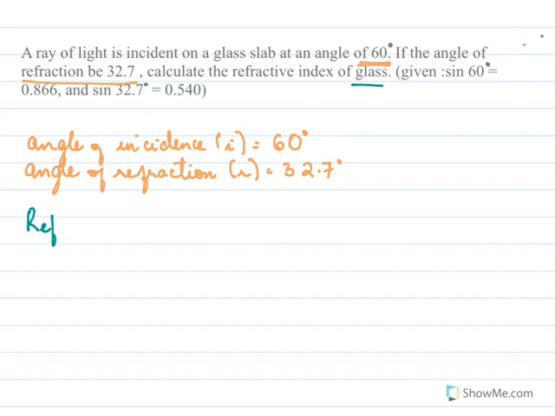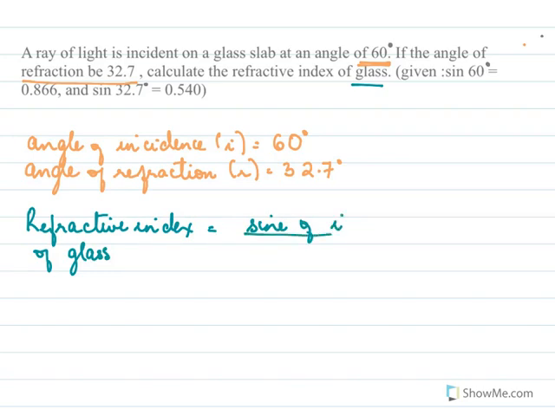So refractive index of glass will be sine of angle of incidence, that is i, over sine of angle of refraction, that is r.